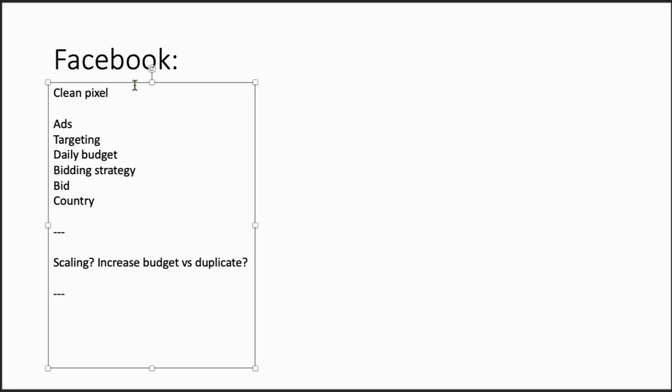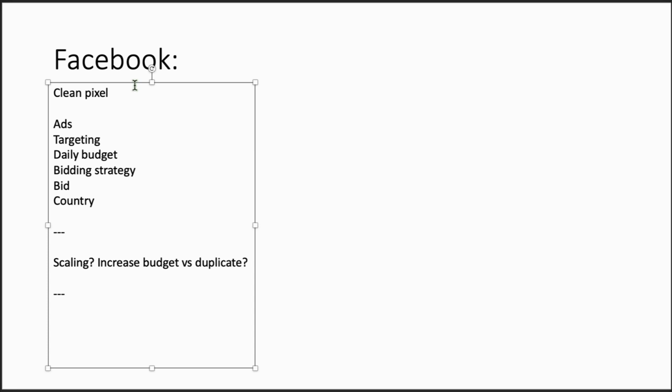Now, if we want to test 8 different ads, sure, we're going to have 8 different split tests, because it's still a single variable split test, just with 8 different instances in that variable. So for example, if we have 8 ads that we want to split test, 5 targetings and 3 daily budgets, we will do 8 tests for ads, one for each, and we will pick the best ad.